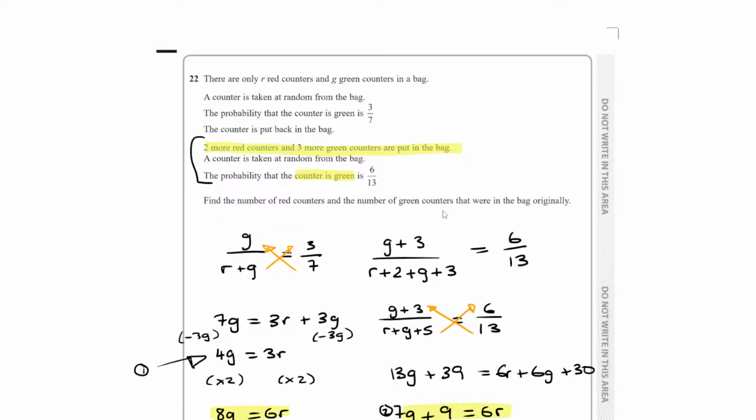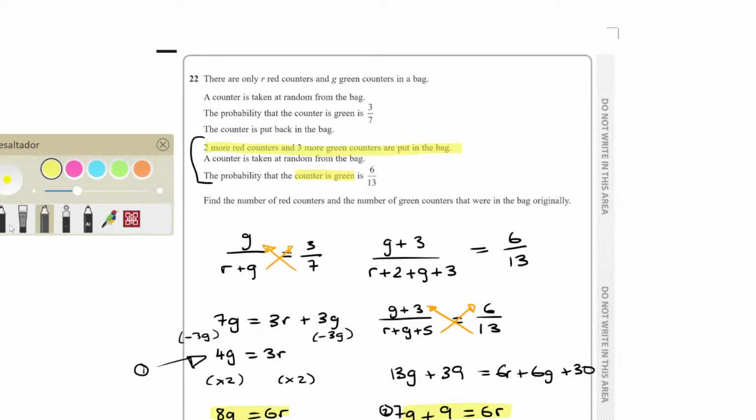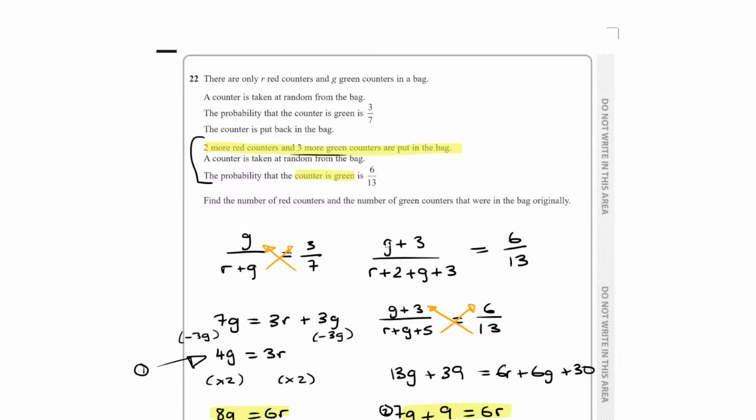The probability of getting green after they've changed the number of counters is now, so how many green are there? The original number was G, isn't it? That represents a number, doesn't it? When now we know it's 9. The original number of green counters plus the 3 additional ones. So that's how many green counters are now in the bag, and then you have to do it out of how many counters in total are in the bag. So that's all of the red and all of the green.